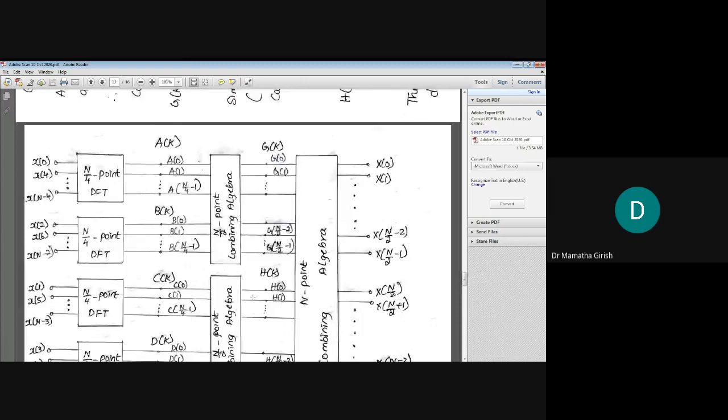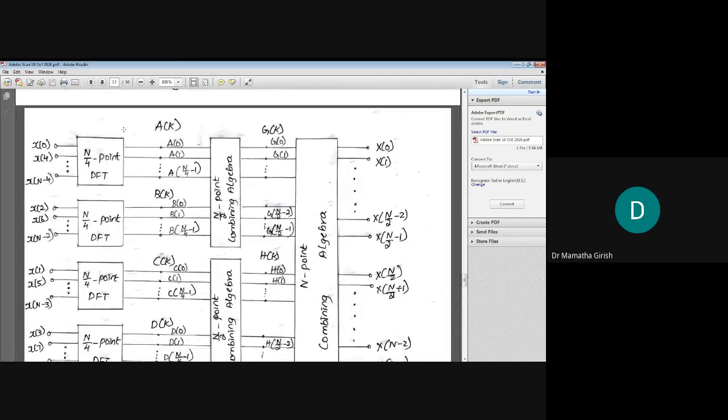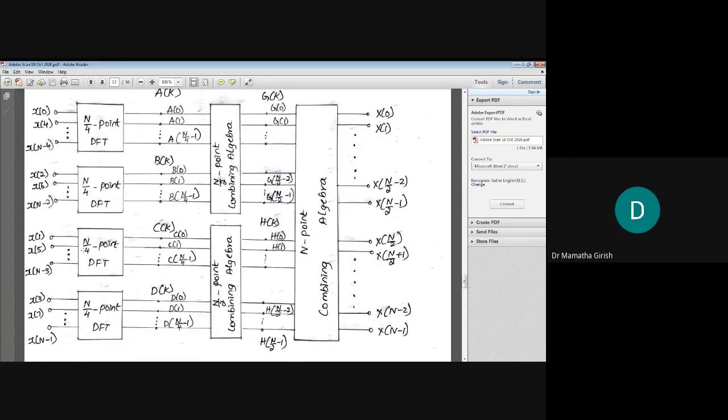See here, if you visualize this block, the total number of complex multiplications involved in this one N by 4 point DFT is N by 4 whole square. 1 N by 4 whole square, 2 N by 4 whole square, 3 and 4. Totally, 4 N by 4 whole square, plus how many N by 2 combining algebra do I have? 2 N by 2 combining algebra. I have to add this also.